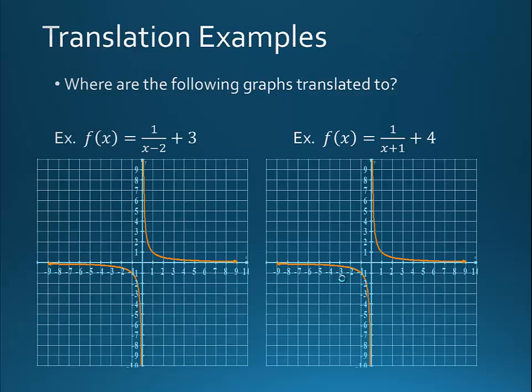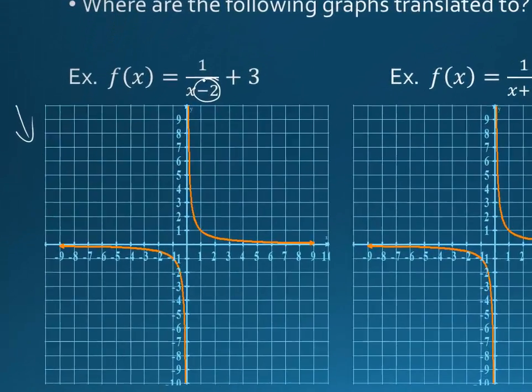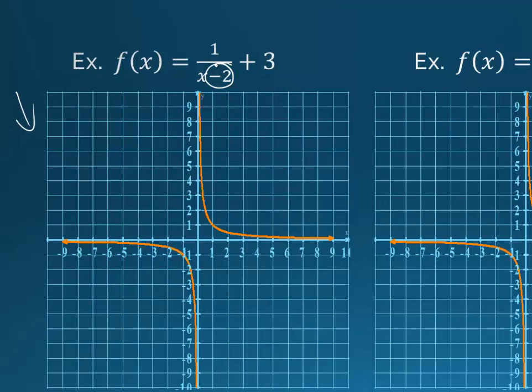So our translation examples. Here we have our parent function graph. So if we have a negative 2 here, that's a negative h, so that's going to move right 2. And then we have a positive 3, so that's going to go up 3.